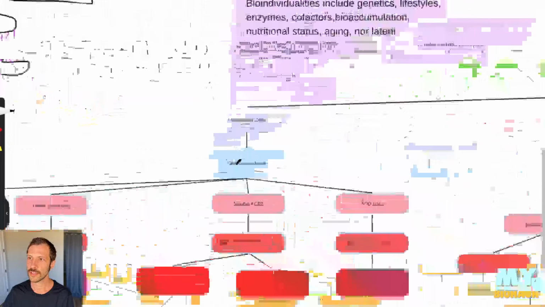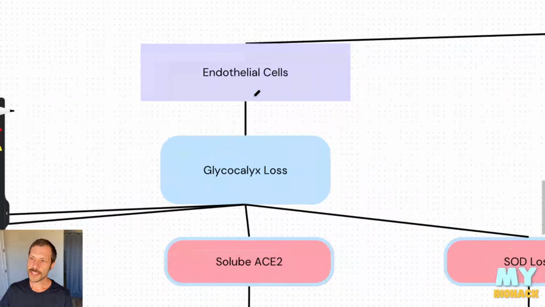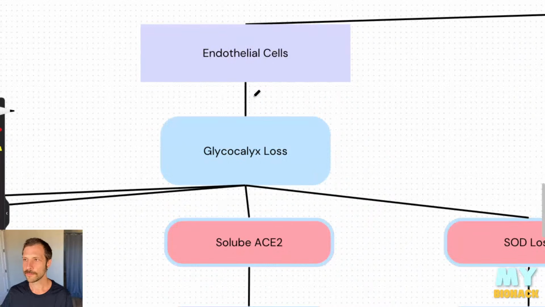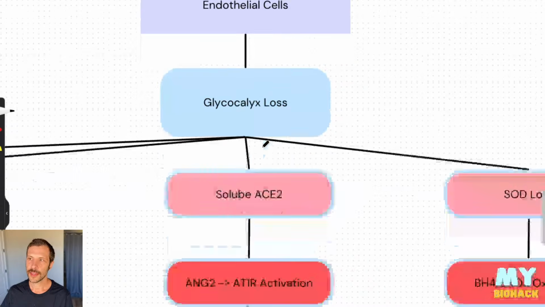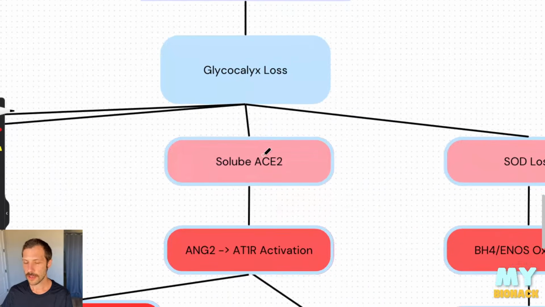So let's get into the glycocalyx of the endothelial cells. When that breaks apart, I'm going to frame this more in terms of SARS-CoV-2, okay? When the glycocalyx gets broken, it allows the ACE2 receptors, the ones that SARS-CoV-2 binds to, to be bound, and it can get into the nucleus and transcribe, essentially.